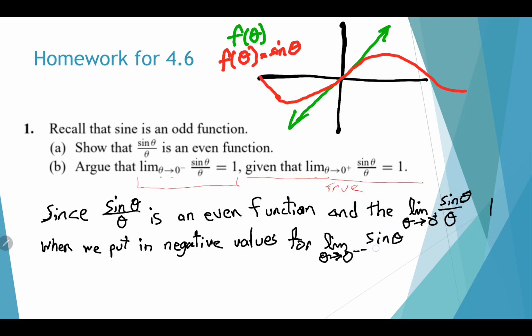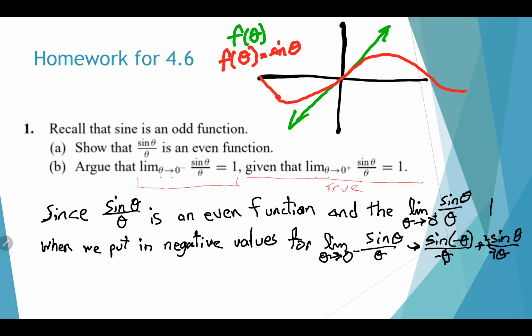Sine of theta over theta, we get sine of negative theta over negative theta, which becomes negative sine of theta over negative theta.